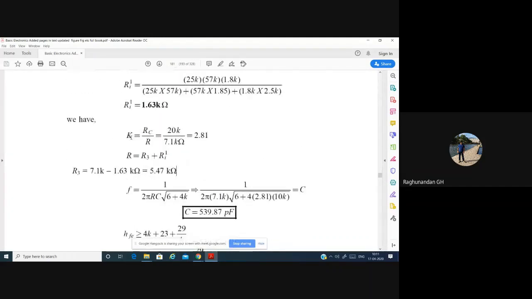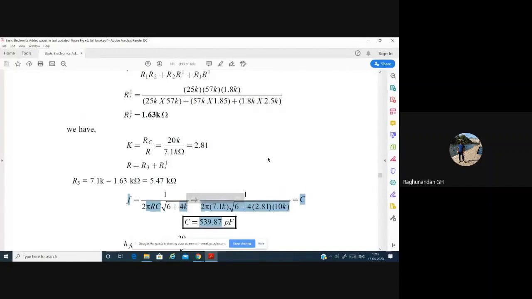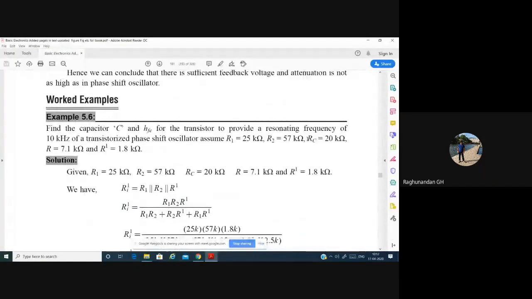As per the question, you just require K equal to RC by R, and you have to find out C. So take this equation, f is equal to 1 divided by 2 pi RC root of 6 plus 4K. I had told you 4K will be considered whenever RC and R values are given. In some cases, they'll not give this RC value. Then you have to take K equal to 0 only. When the RC value is not given, you cannot find the K value.